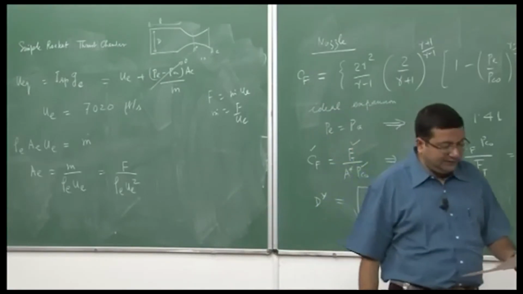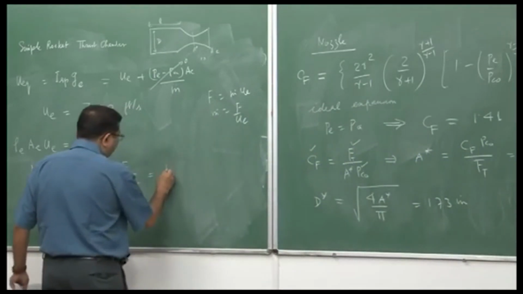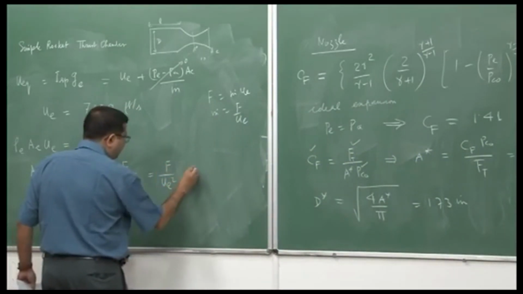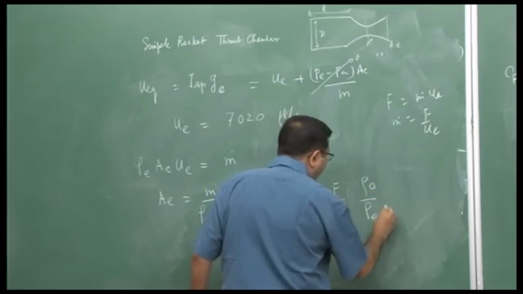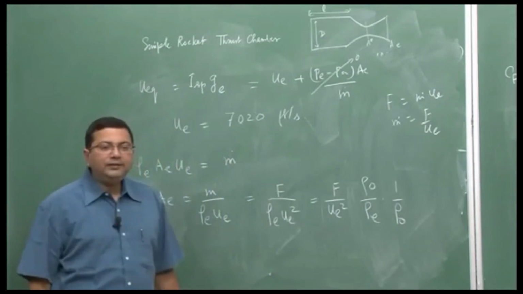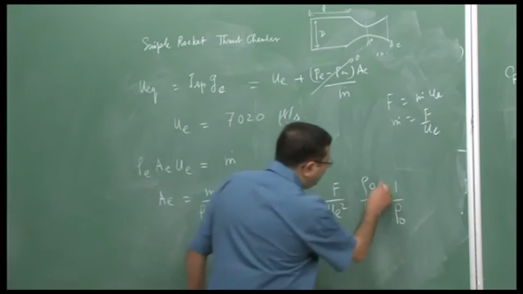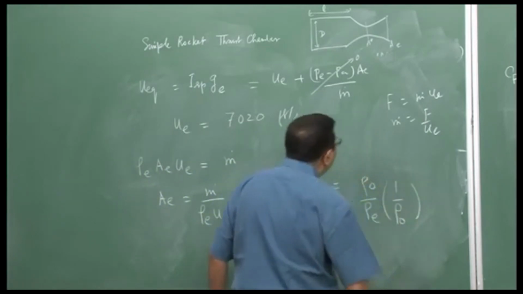Now, we need to know the density. How do we get the density? For that, what I will do is I will multiply and divide by rho naught. Rho naught is the density in the combustion chamber or stagnation density. So, this is something 1 by rho naught.